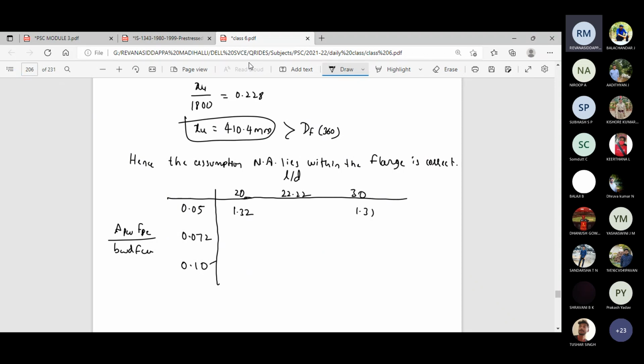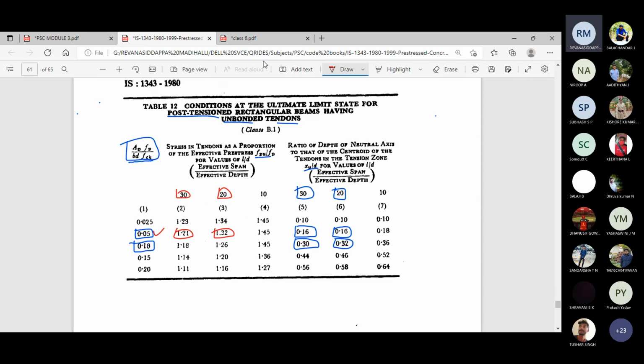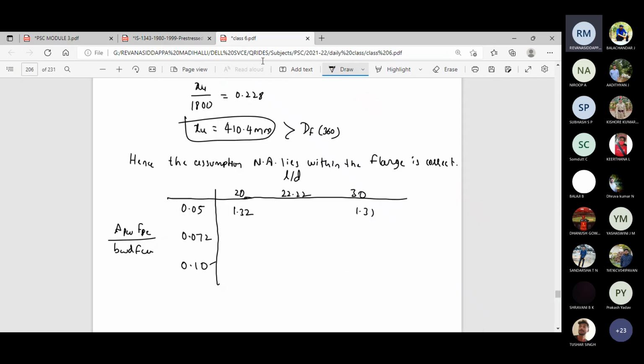Similarly, when AP by BD FCK is 0.10, the corresponding FPU by FP value is 1.26 with respect to L by D equal to 20, and 1.18 with respect to L by D equal to 30. Let me write here 1.26 and 1.18.